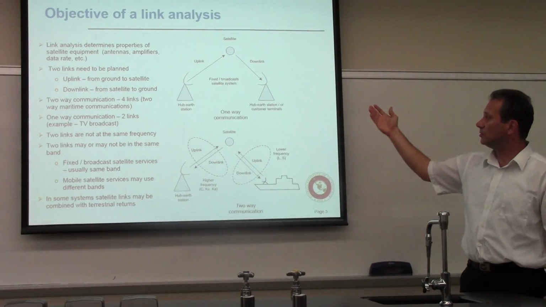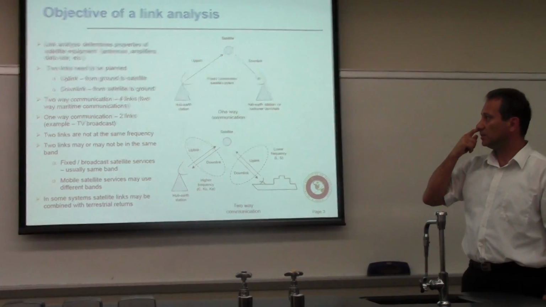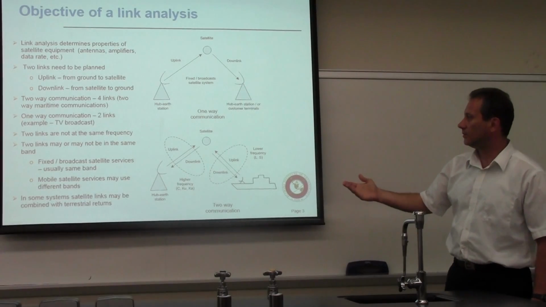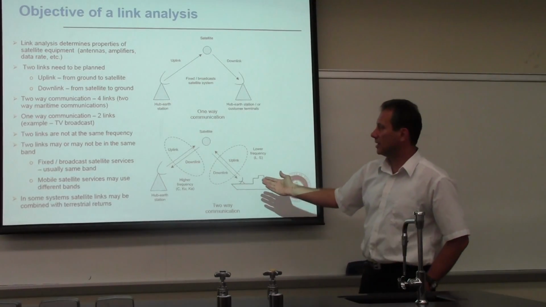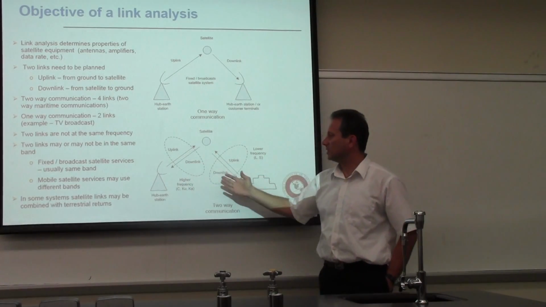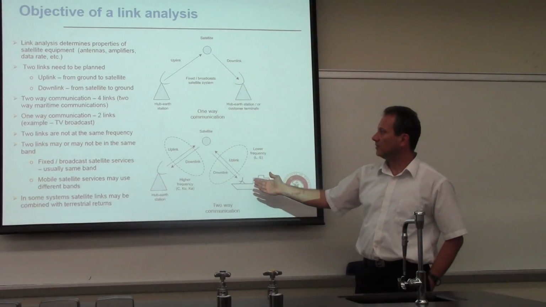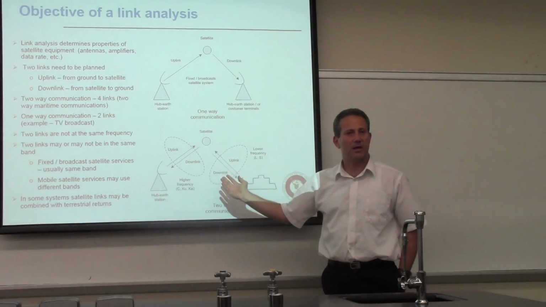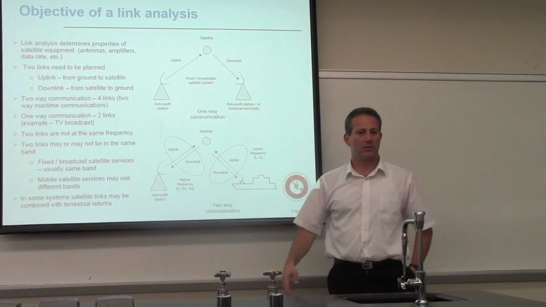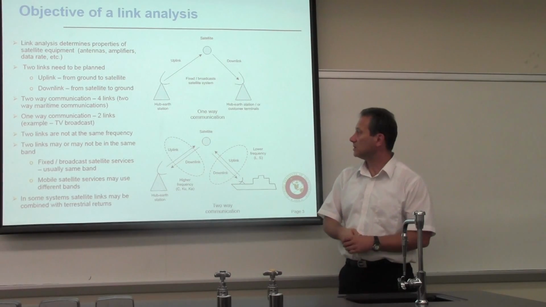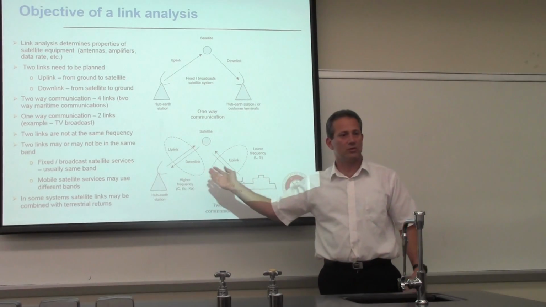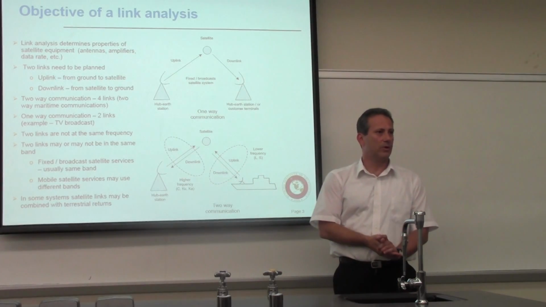Now, I speak about two links, but actually you have four links, right? If you look at two-way communication, then you have two uplinks and two downlinks. And here, even though the uplinks and downlinks may happen on the same set of frequencies, you're really talking about two spatially separated points.